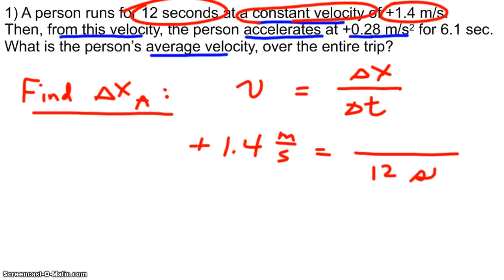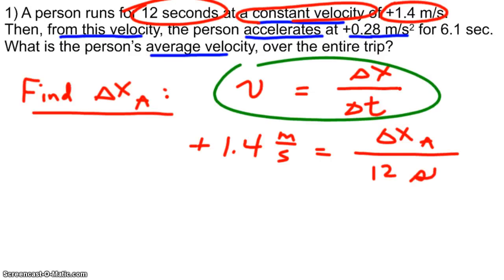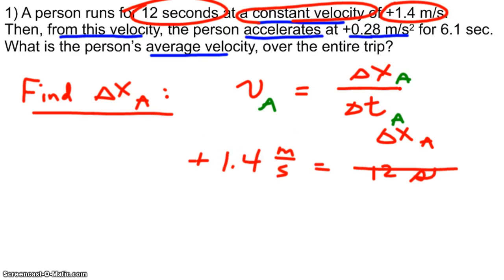We're trying to find the displacement, so let's go ahead and put our A subscript. This in the numerator is the displacement during segment A when she has this velocity for that amount of time. So if you wanted to, you could have added your subscripts a long time ago. You could have said, I'm going to apply this equation for segment A, which means I'm going to add an A to all of these variables.